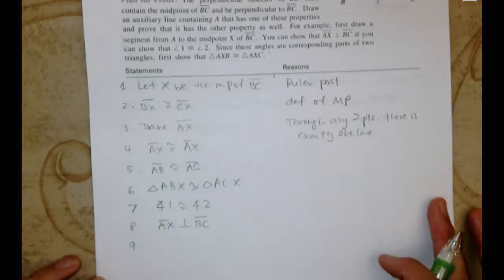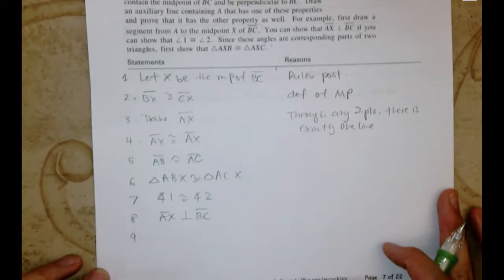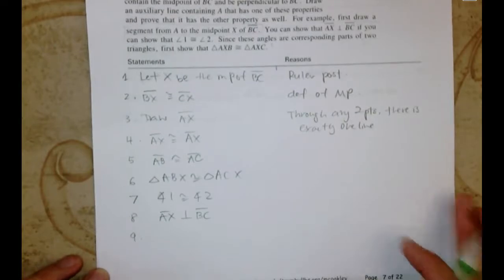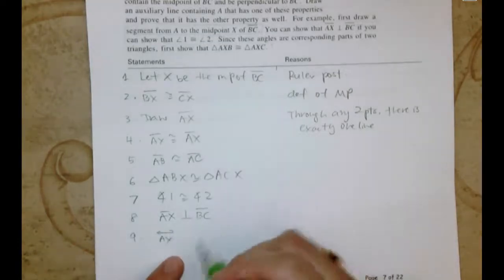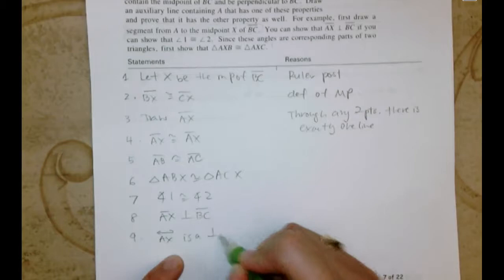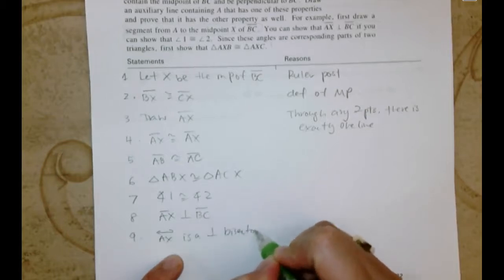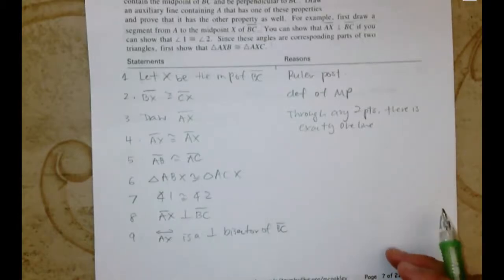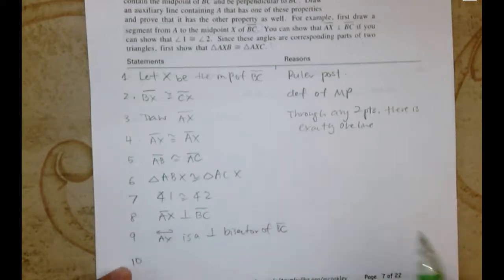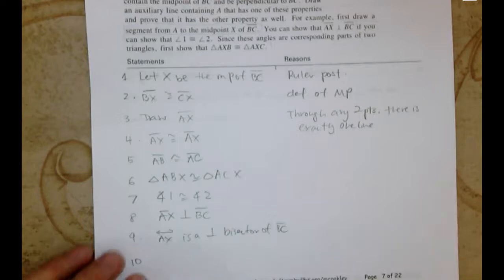And so AX, line AX or segment AX, doesn't matter, is a perpendicular bisector of BC. And 10, then line of perpendicular definition.